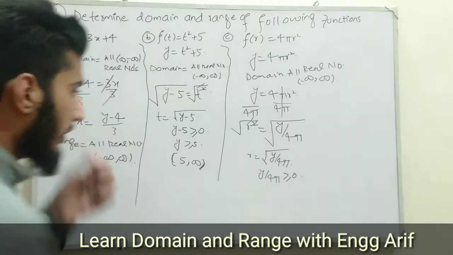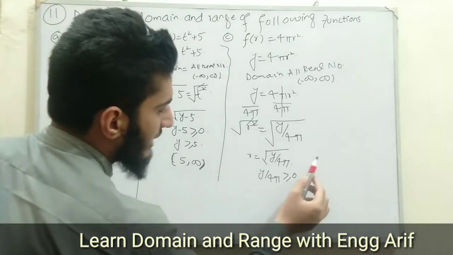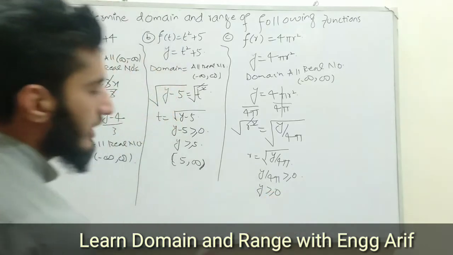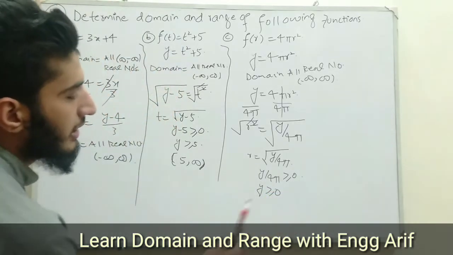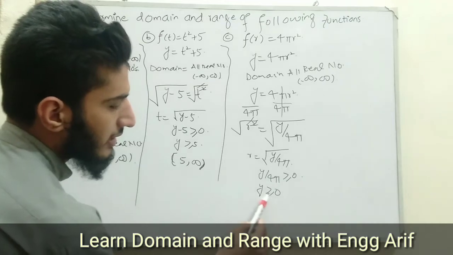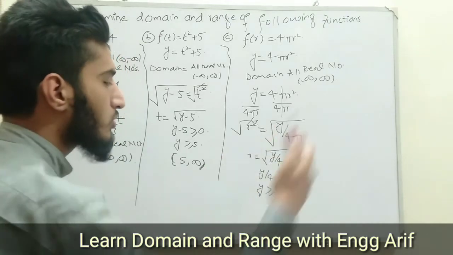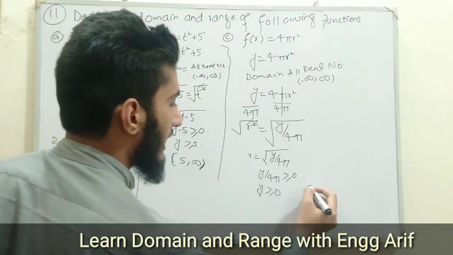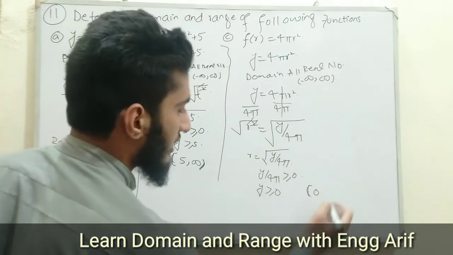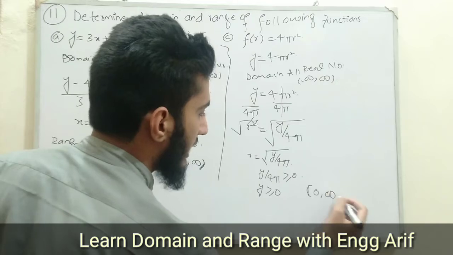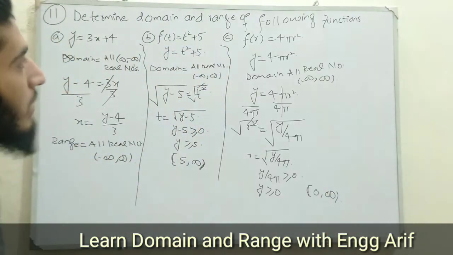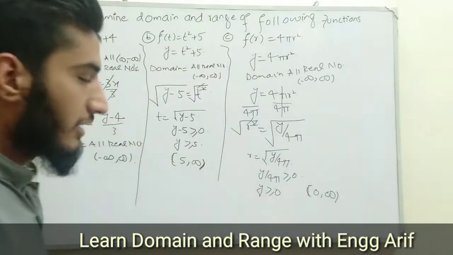After this we will move this 4 pi to the right hand side, so it becomes y greater than or equal to 0. So it means that our range will be values from 0, 1, 2, 3 and moves to infinity. So our answer will be 0 to infinity. So we will take 0 inside a closed bracket and infinity will be taken in an open bracket or open interval. So this is the range for question number 11, part C.